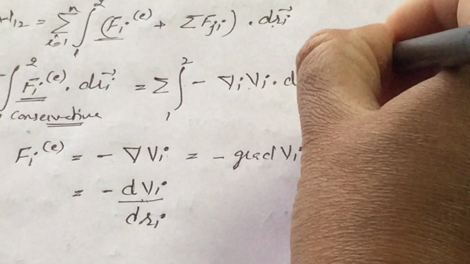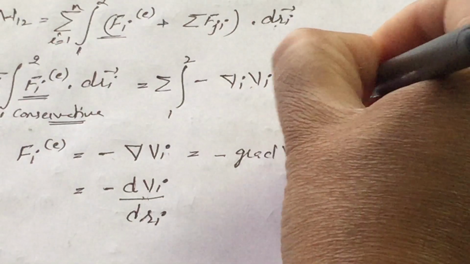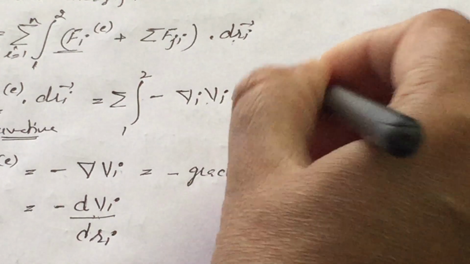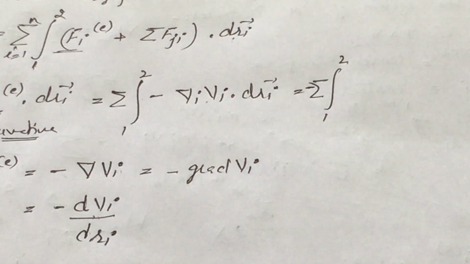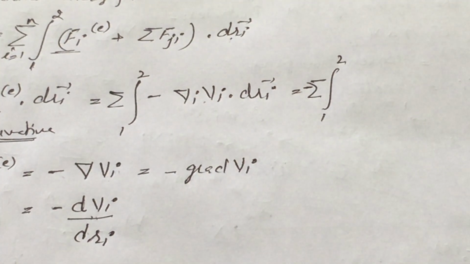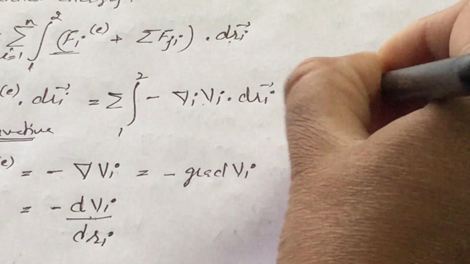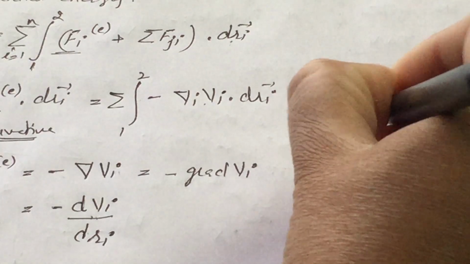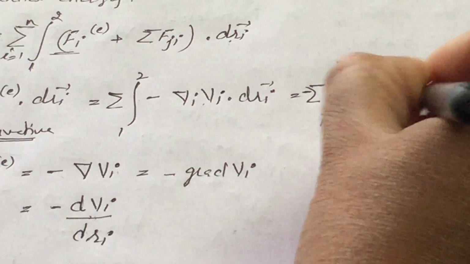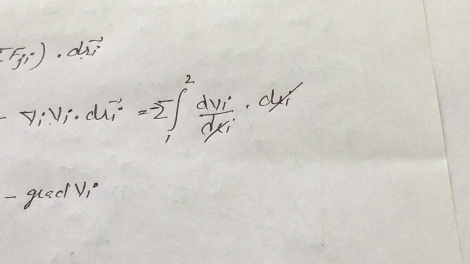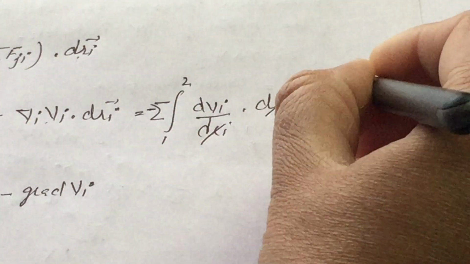We will get the sum from 1 to 2, and with the negative sign, we are taking the negative sign outward, just before the summation, and we get dVi/dri dot with dri. Just cancel out these two terms, and on integration of dVi, what will you get?